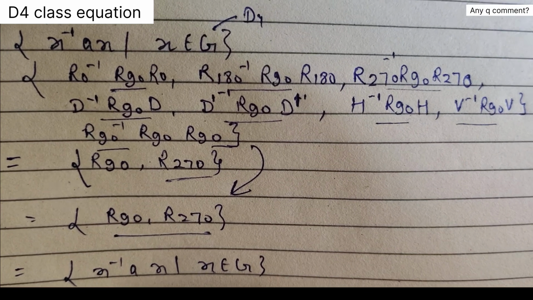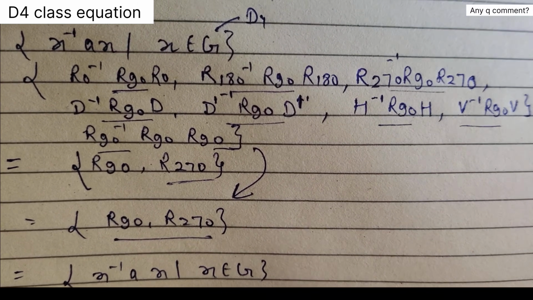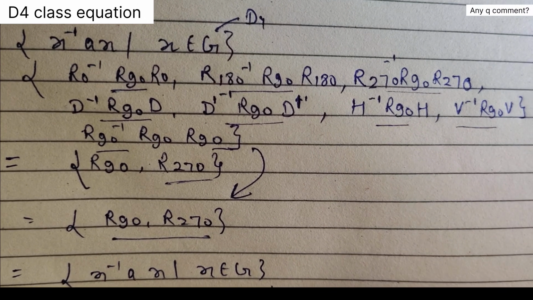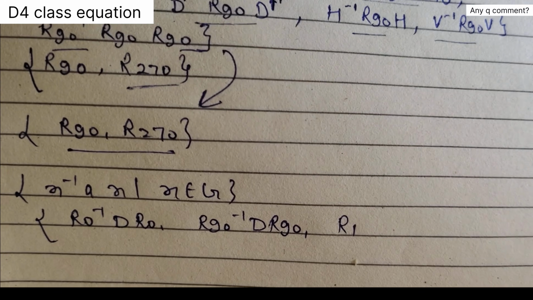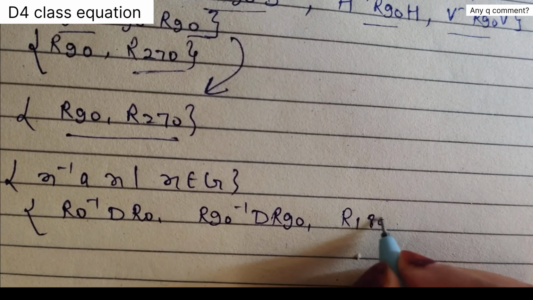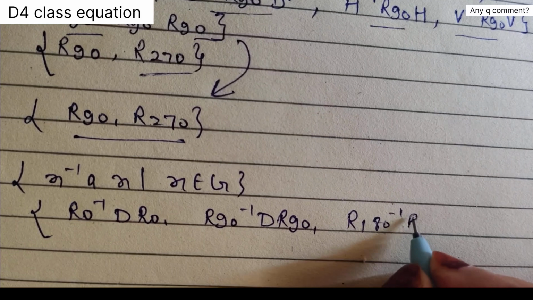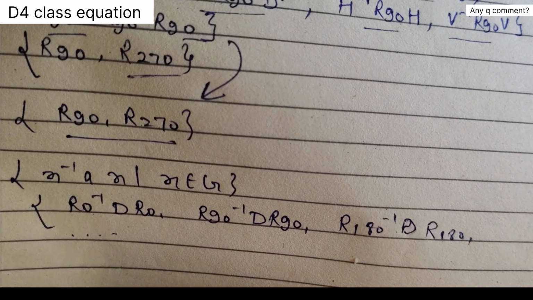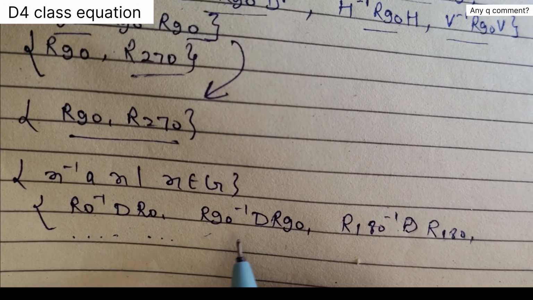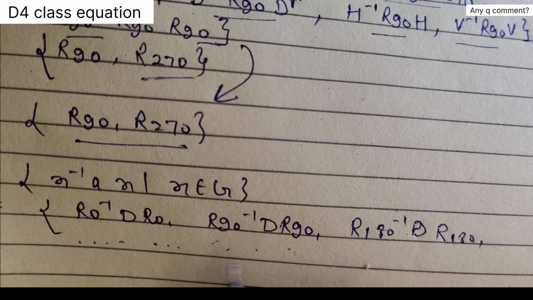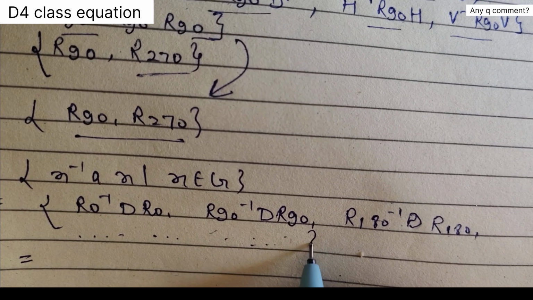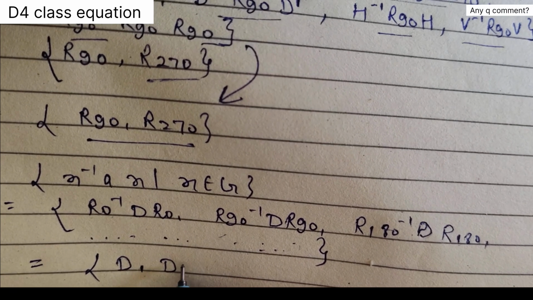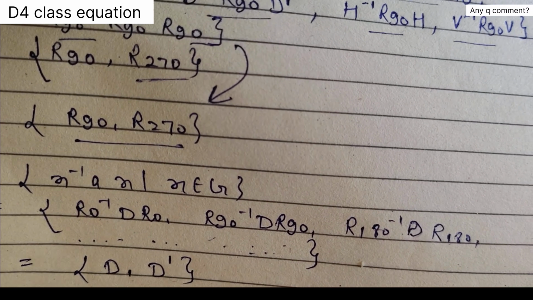First is R0 inverse D R0, second is R90 inverse D R90, then R180 inverse D R180, then for R270, then for D, then for H, then for V. Doing it this way, we get D and D dash.